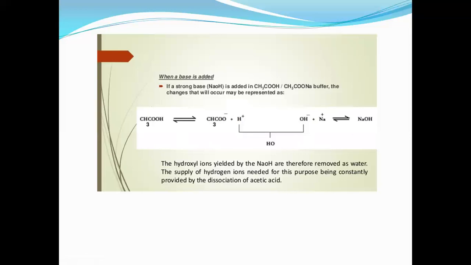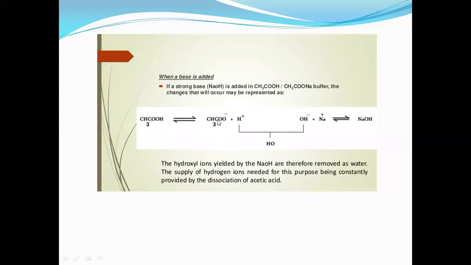So there is no net effect on the pH of the solution. So this is the buffer action. The supply of hydrogen ions needed for this purpose is constantly provided by the dissociation of acetic acid.